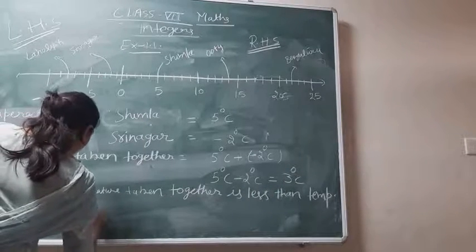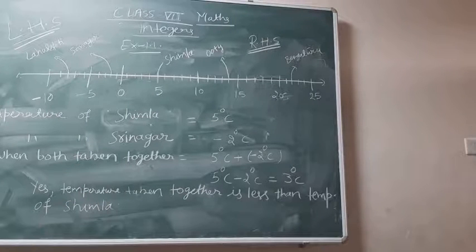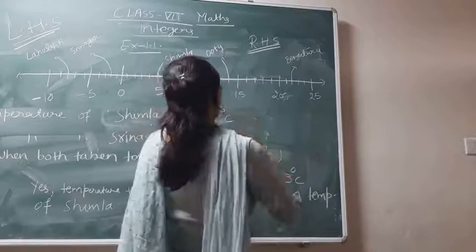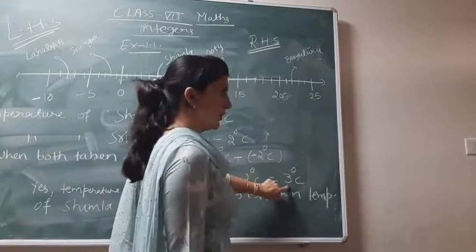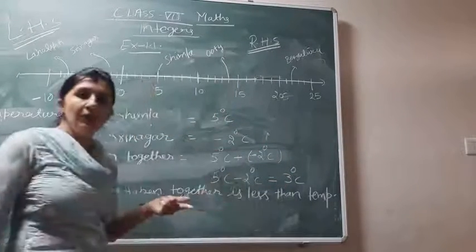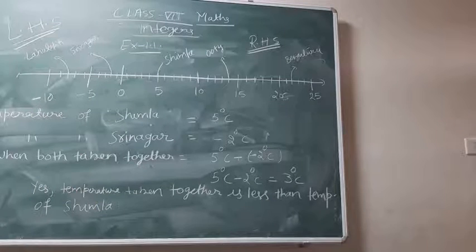And next: is it also less than the temperature of Srinagar? Is this temperature less than the temperature of Srinagar? When there is one positive number and one negative number, always the positive is greater and the negative is smaller.